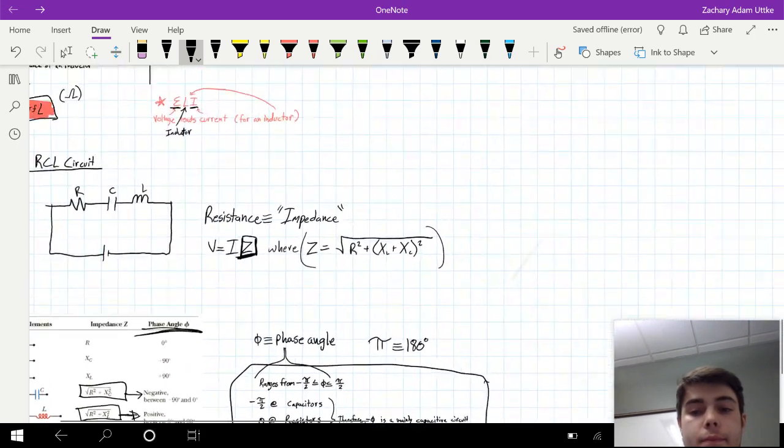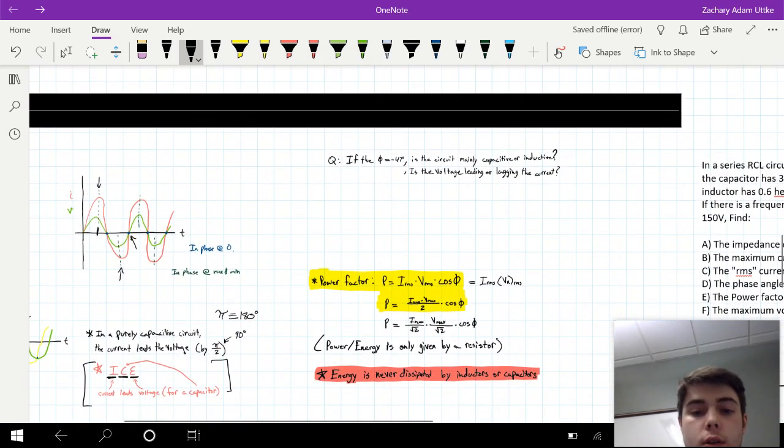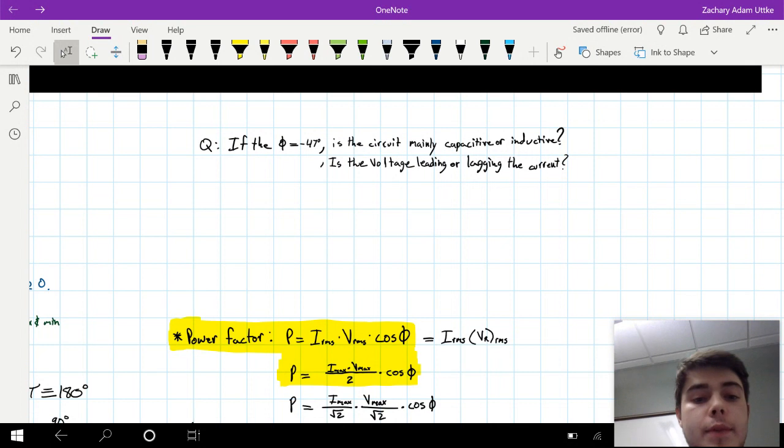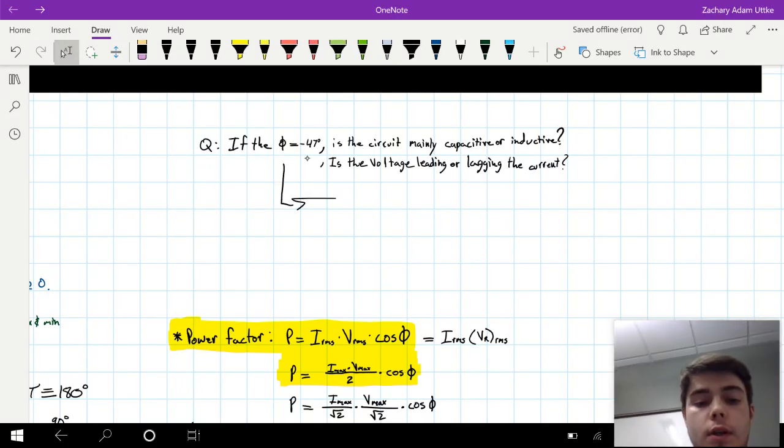Okay. So let's look at a question. So if the phase angle is negative 47 degrees, is the circuit mainly capacitive or inductive? So if we have an RCL circuit and we calculate our phase angle to be negative 47 degrees, the fact that it is negative tells us that it is mainly capacitive.